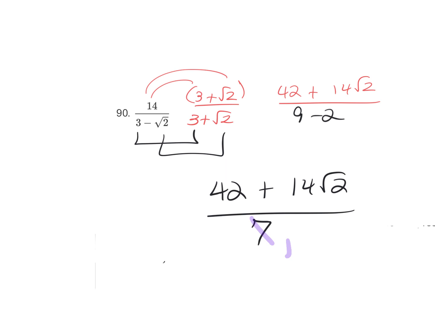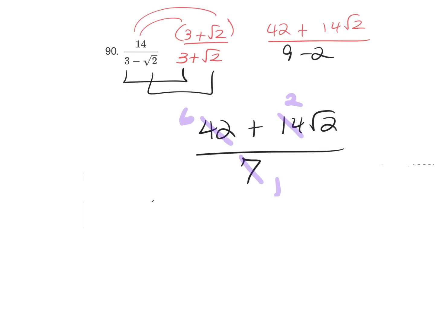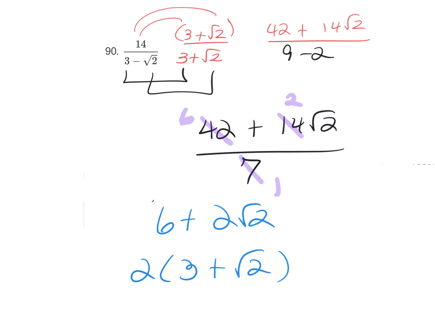And it does. This becomes a 1, this becomes a 6, this becomes a 2. So your final answer here is 6 plus 2 square root 2. If you factor out a GCF, then you would get 3 plus square root 2. And that's it for number 90.